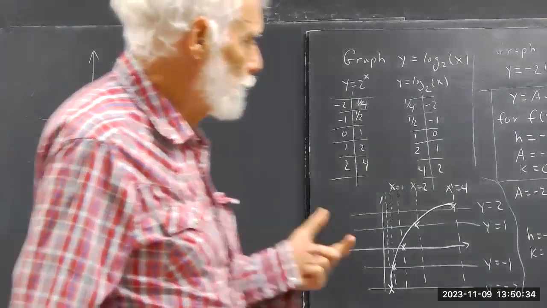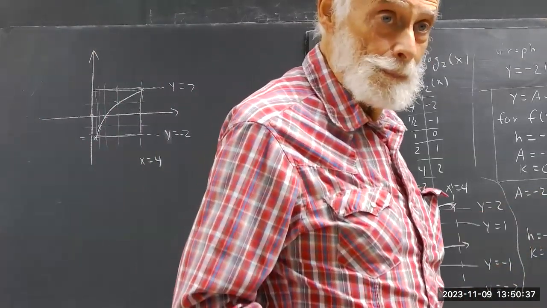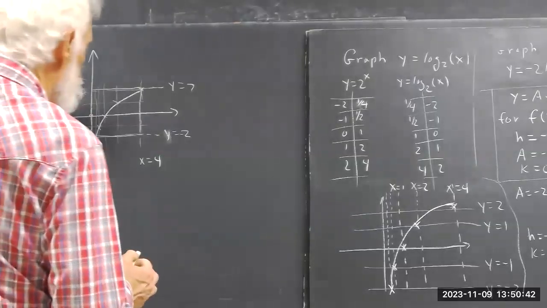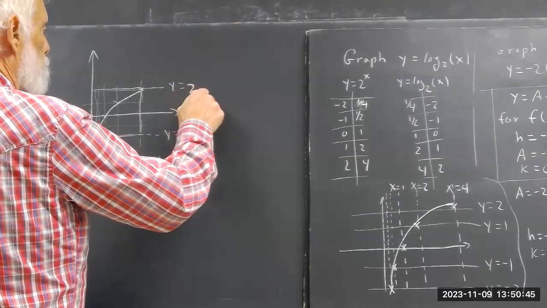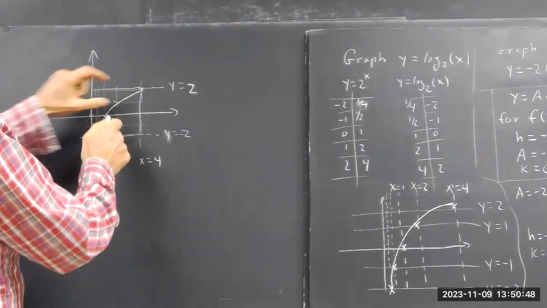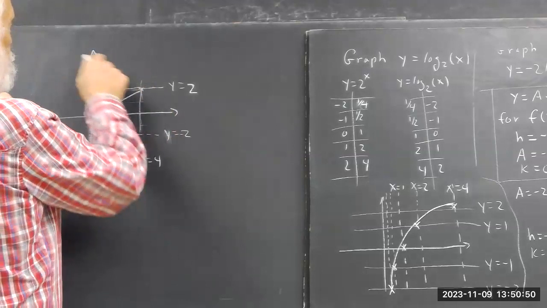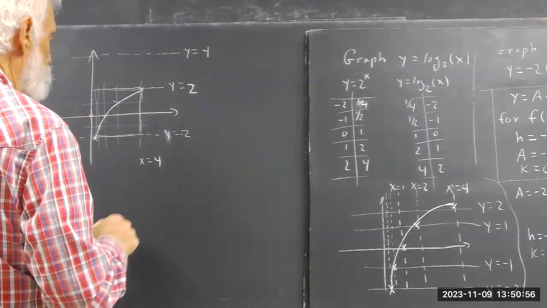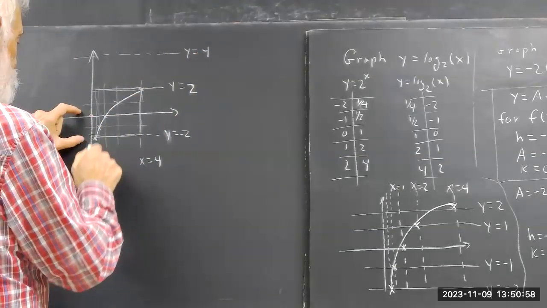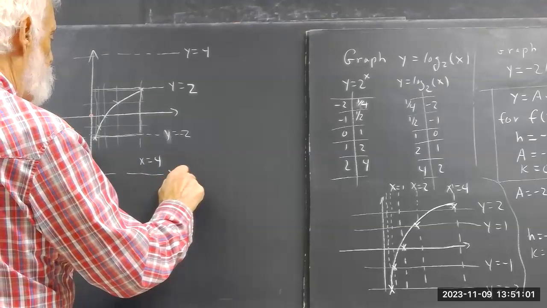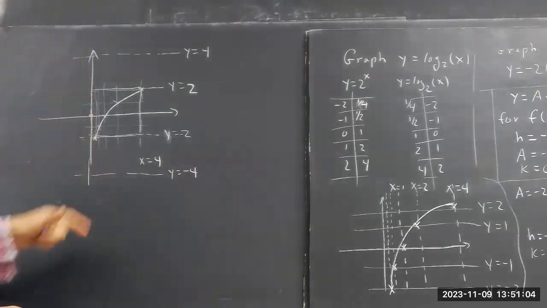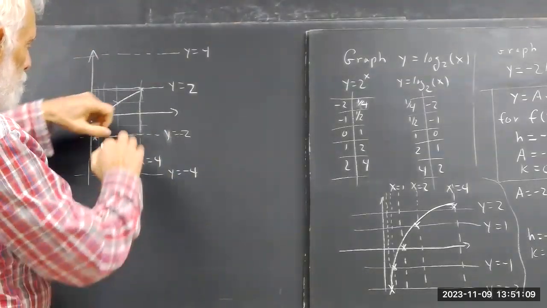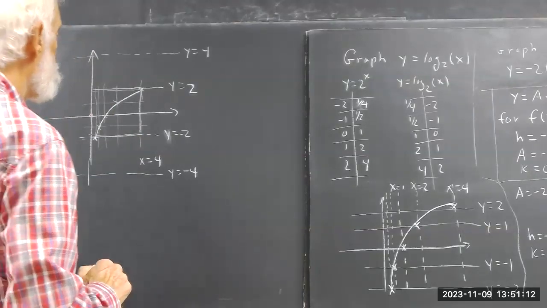We have to stretch it vertically by factor 2 and then flip it over the x-axis. Well, if we're going to stretch it vertically, then y equals 2, this point has to move twice as far from the x-axis. In other words, y equals 2 is going to be replaced by y equals 4. And y equals -2 is going to be replaced by y equals -4. They move twice as far from the x-axis.